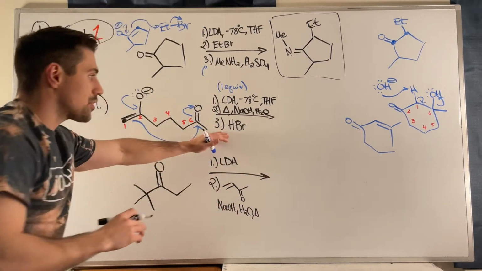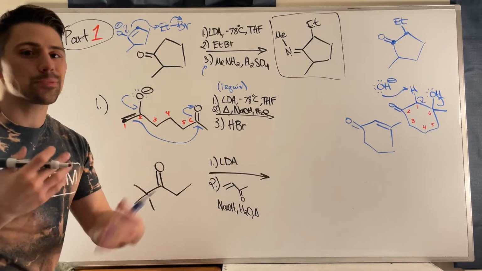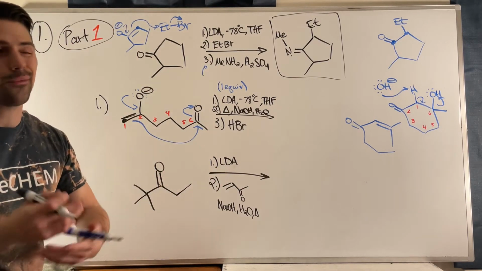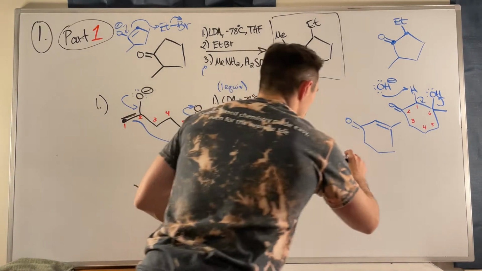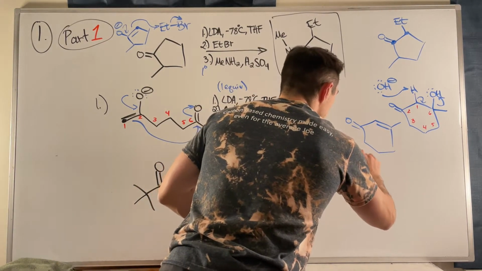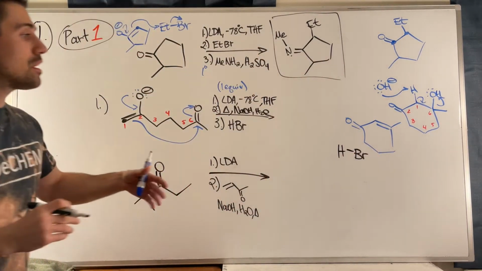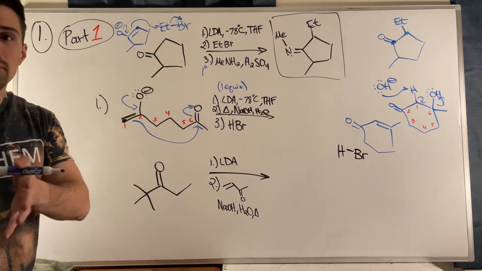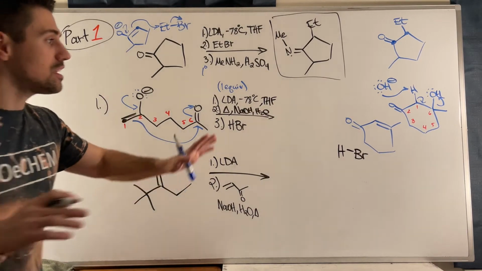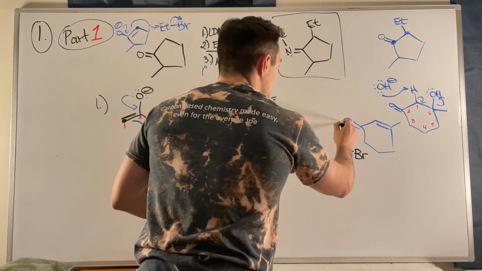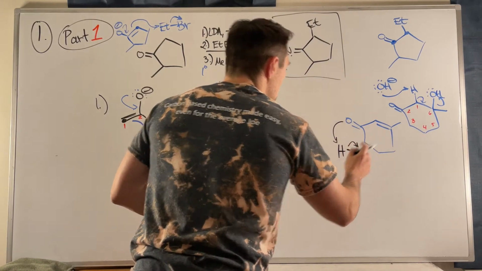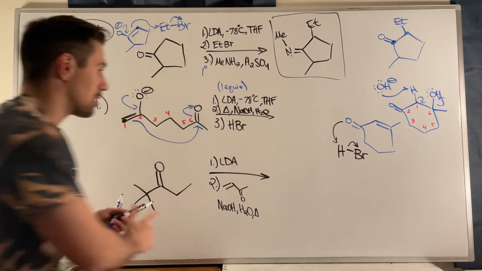So we have a third step, HBr. Now, this is probably going to be maybe the reason why you're like, what is going on with this, Joe? Don't be surprised. I've seen this problem asked before. And the mechanistic arrows might go a little bit differently. What's essentially going to happen is that this will grab H+, which will then give you the Br- floating around.